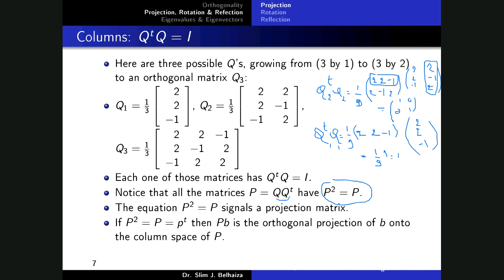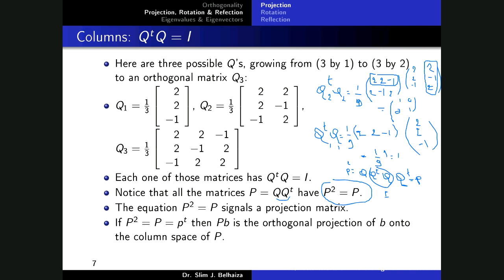Because when you try to compute P squared, you always end up removing the part in the middle, which is the one you obtain when you multiply Q transpose by Q, which gives you I. So basically, what you get here is finally QQ transpose, which is again P. So P squared is nothing but P.